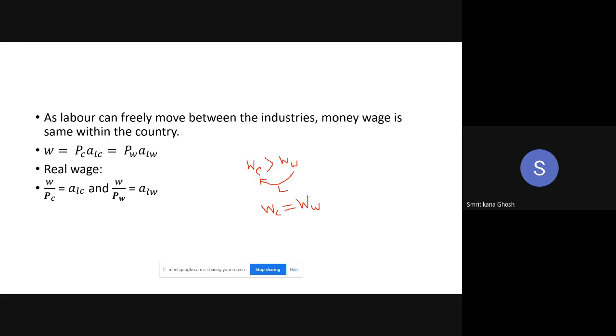So as labor is coming into the cheese industry, the supply of labor is rising in this industry, and as supply is rising, price should fall, and the price means WC, so WC is falling.